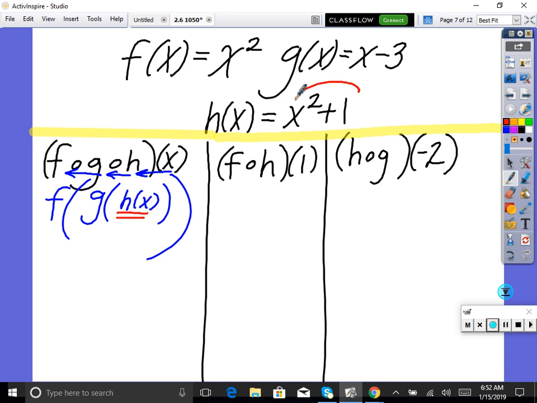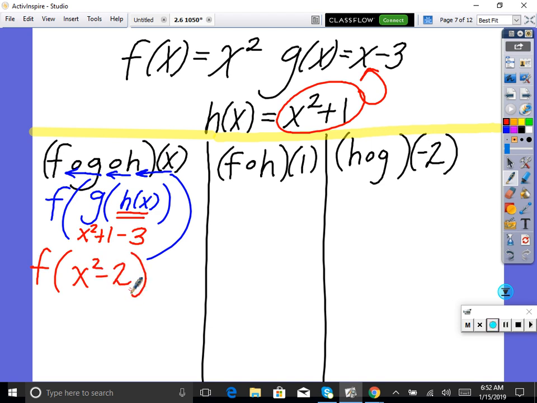I'm going to write the answer, and that would take care of all of this. Does everyone see? So taking h and plugging it into g, wouldn't that be x squared plus 1 minus 3? So you say I'm doing the f of x squared minus 2, and now we have one last step.